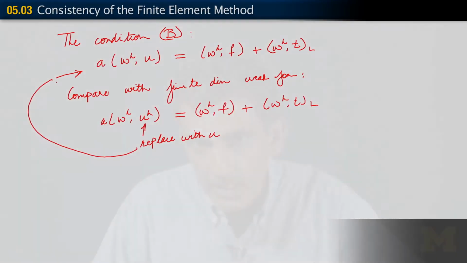So what is this saying? It is saying that if somehow we were to come upon the exact solution U, that exact solution also would satisfy the equation we are trying to solve, right?